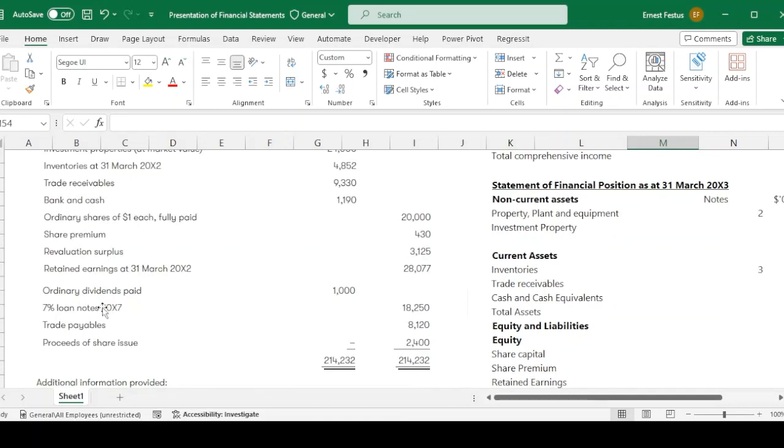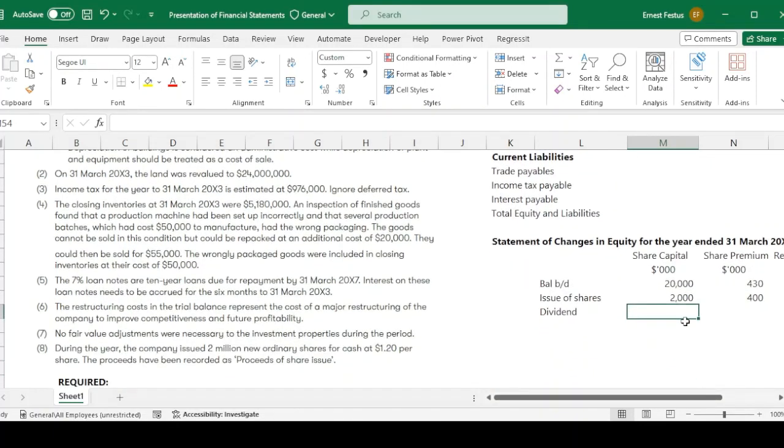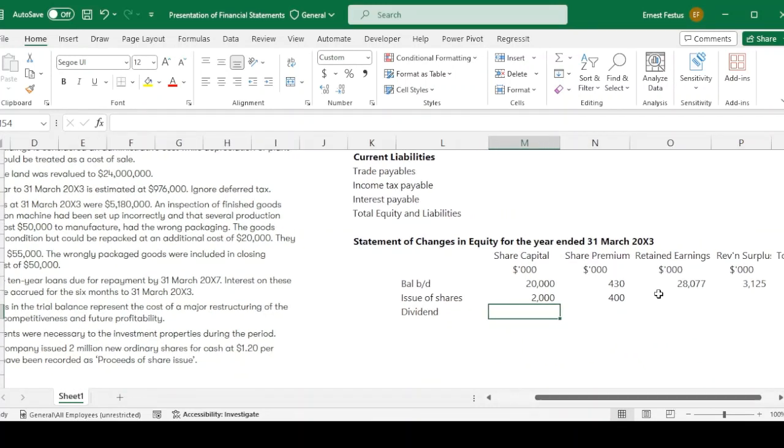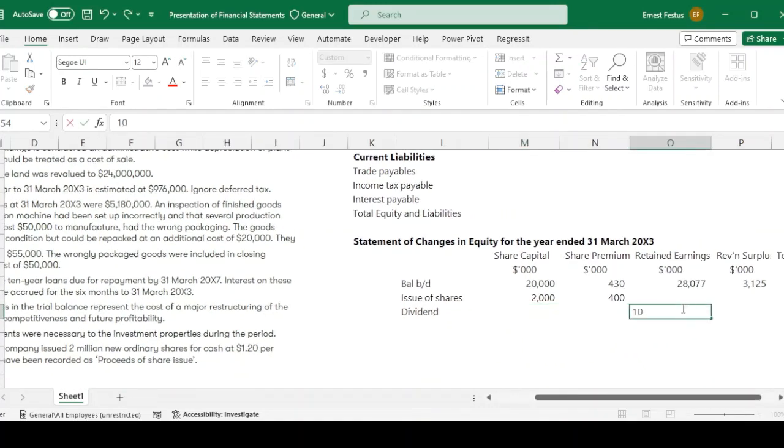All right, so we have our ordinary dividend payments here as 1,000. So I'll come here, and that is paid out of the retained earnings. So I'll have my 1,000 here, and that is going to be a deduction.